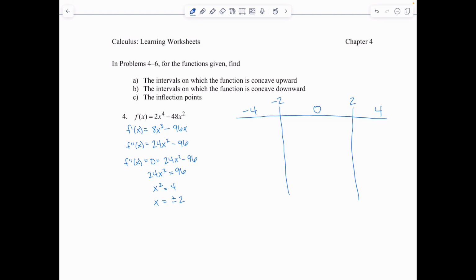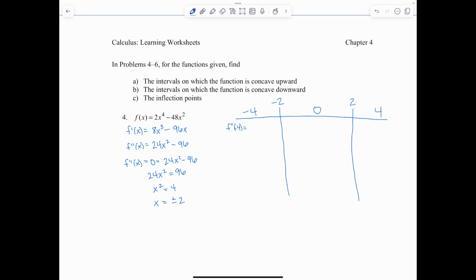Okay, so now we'll test negative 4. So our second derivative, f double prime of negative 4, gives us 24 times negative 4 squared minus 96. And so we'll have 24 times 16 minus 96, 384 minus 96, or 288 positive.